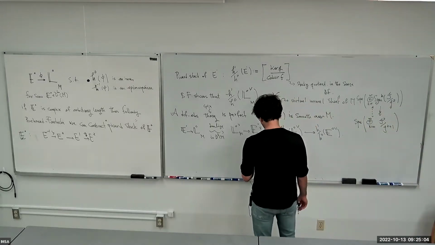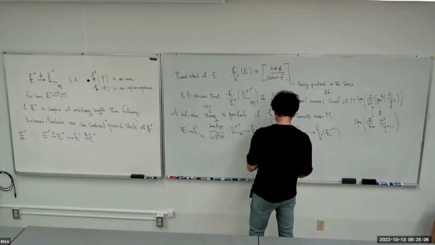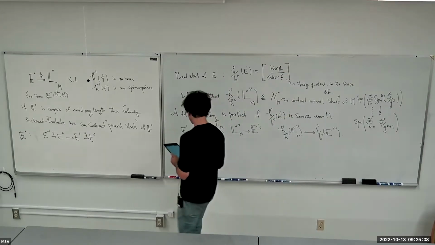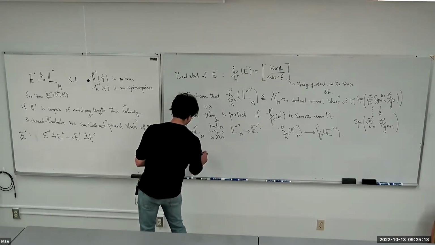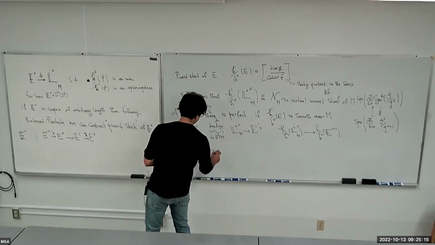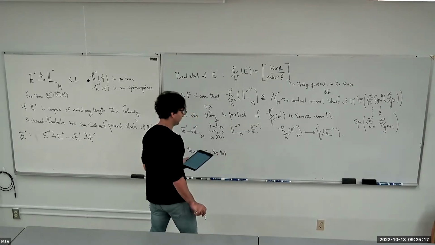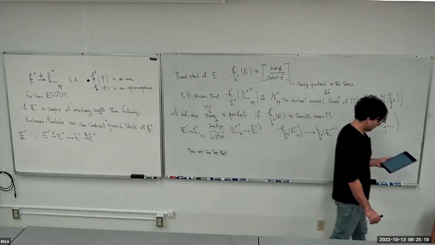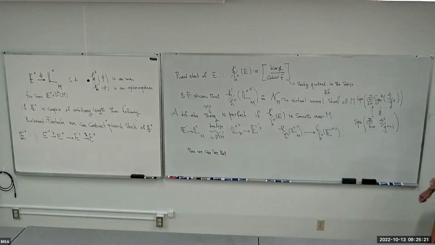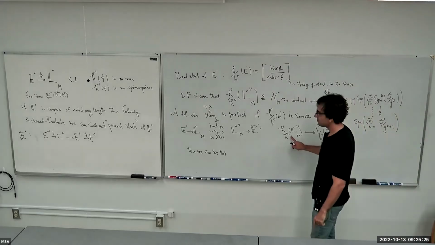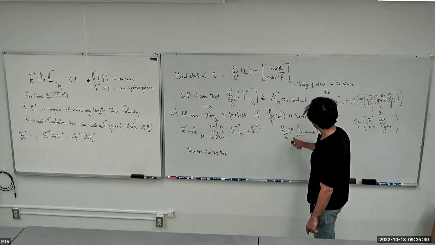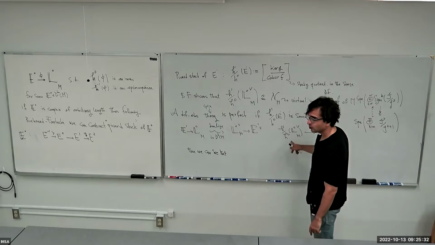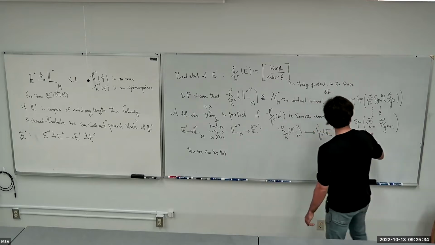Okay. Then from here you can actually see that the virtual cone of M, what is this thing? This is the virtual normal sheaf of M. And on the other hand, the virtual normal cone of M embeds inside here, right?